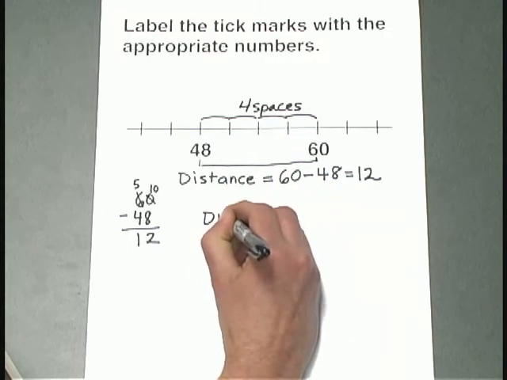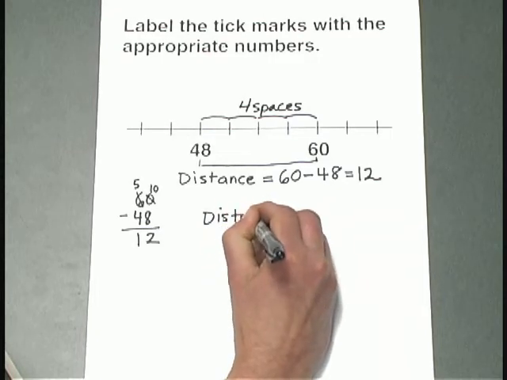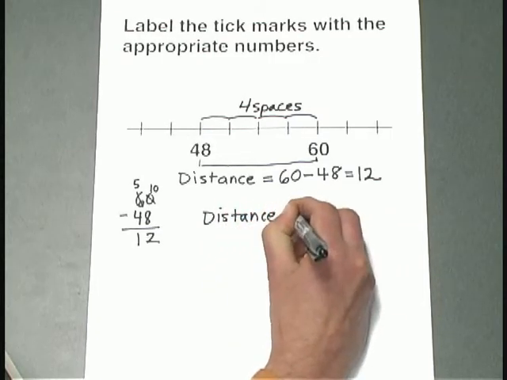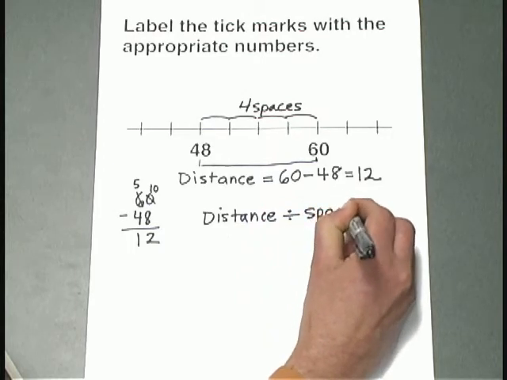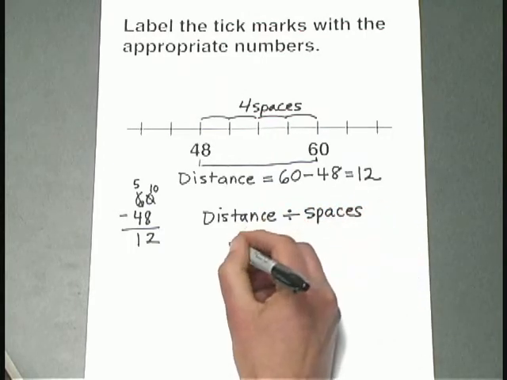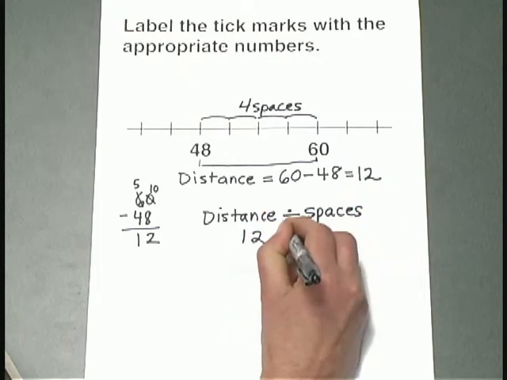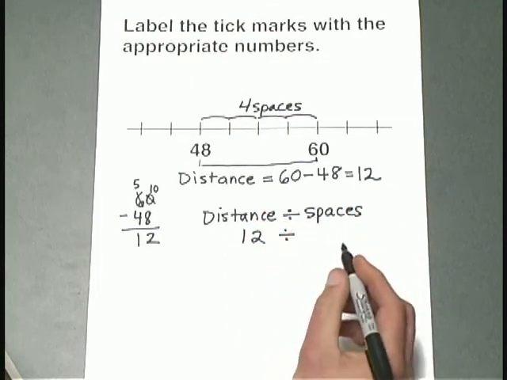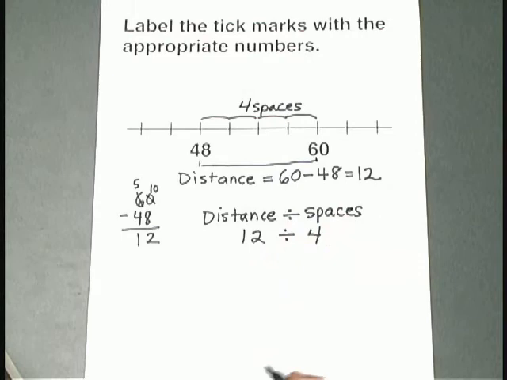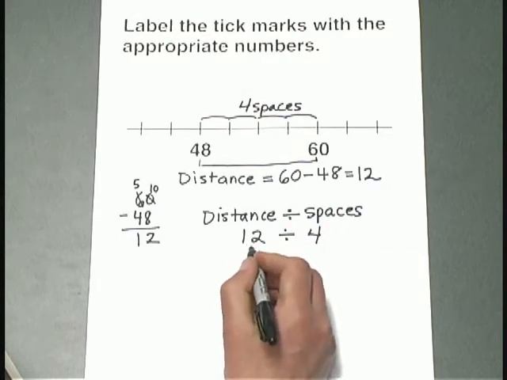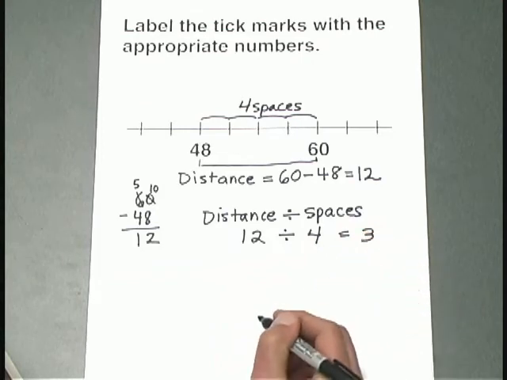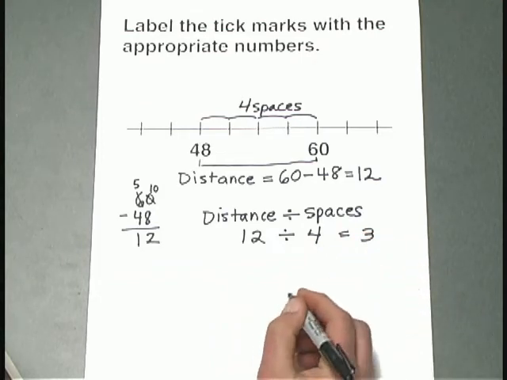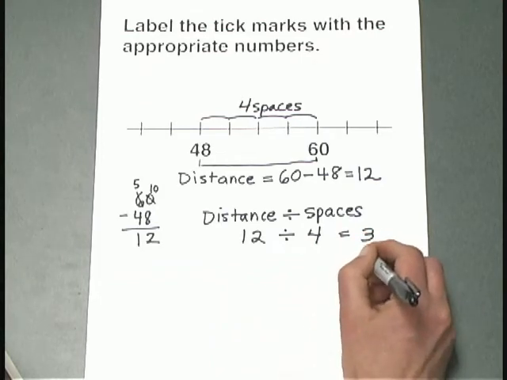So if we take our distance and divide by the number of spaces, we're taking 12 divided by the 4 spaces that we have. 12 divided by 4 is 3. 3 is the size of each space.